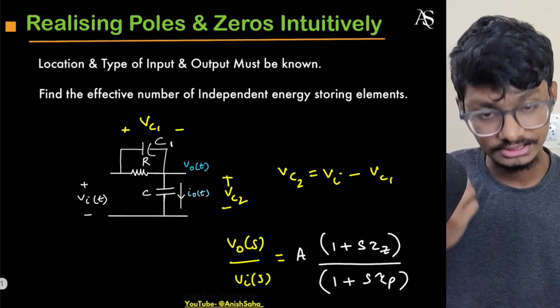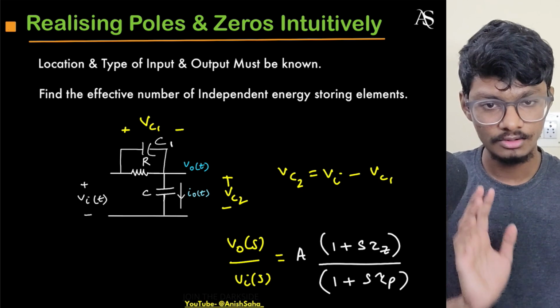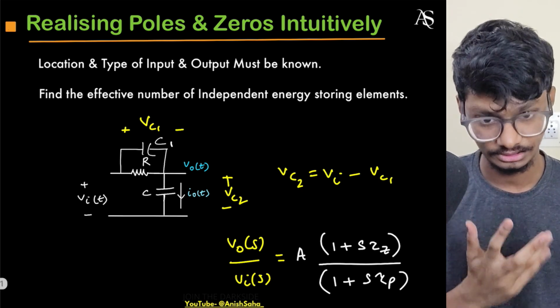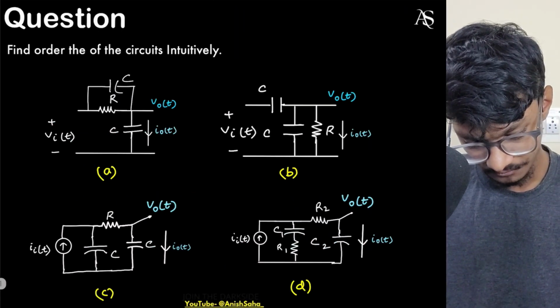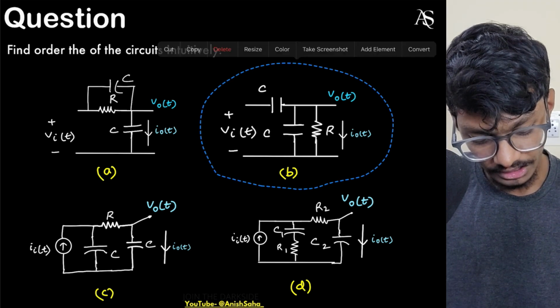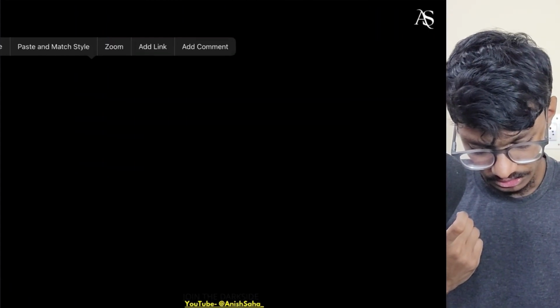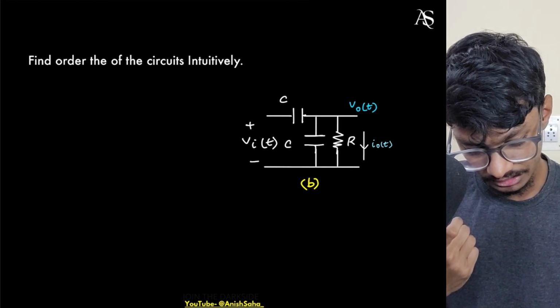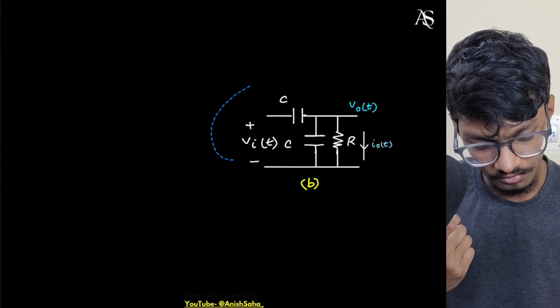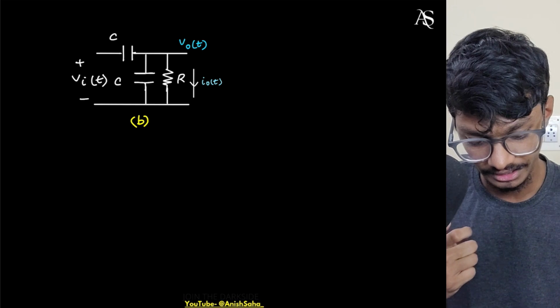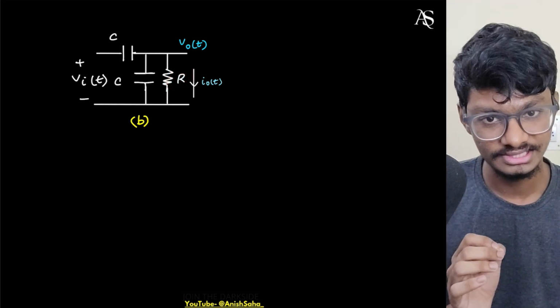Now let's do this same example for the second circuit. This is much simpler here. I just wanted to take a circuit to explain one thing: previously I was taking the output from the capacitor, now I'm taking it from the resistor.